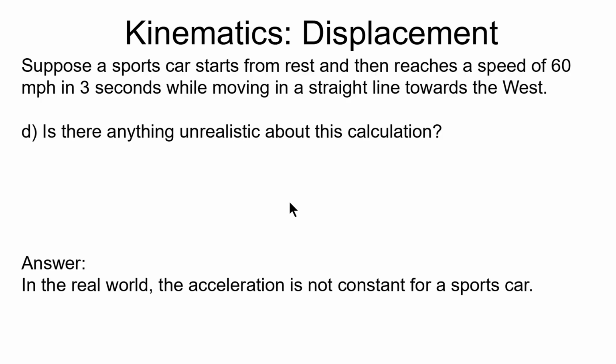So no, it's not a real world calculation, it's an approximation. And we have an average acceleration. We don't have the acceleration at any one instant in time, but it is a little bit of an approximation, unrealistic, because the acceleration is not constant. But in an introductory physics course, to do the problem, we need to assume constant acceleration.